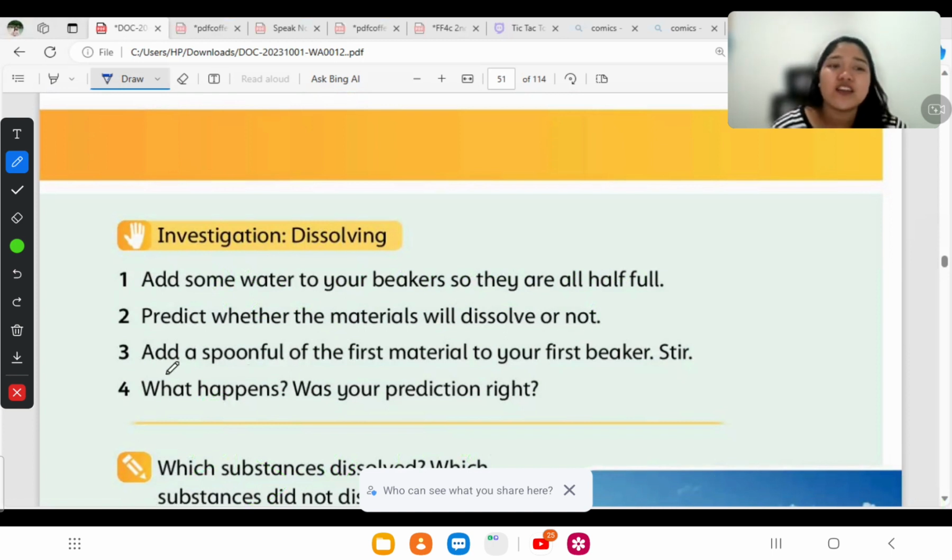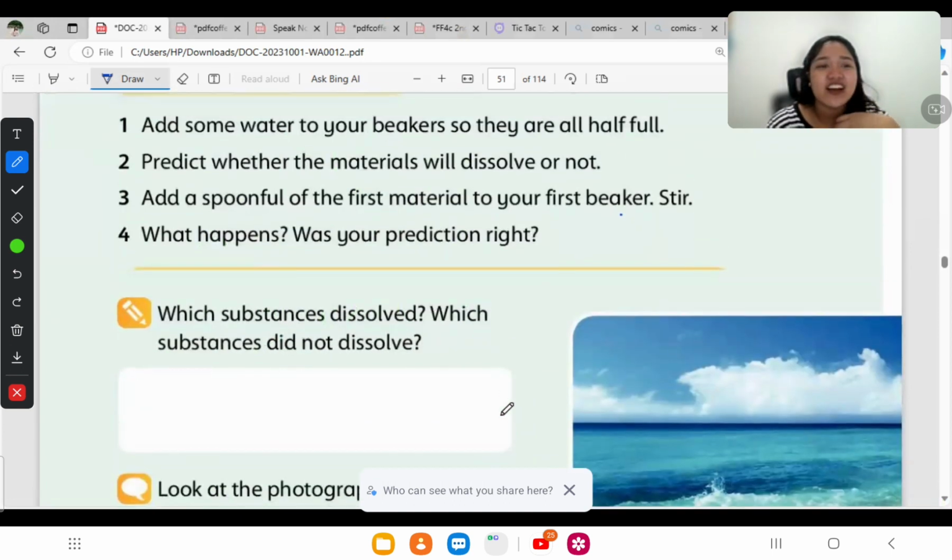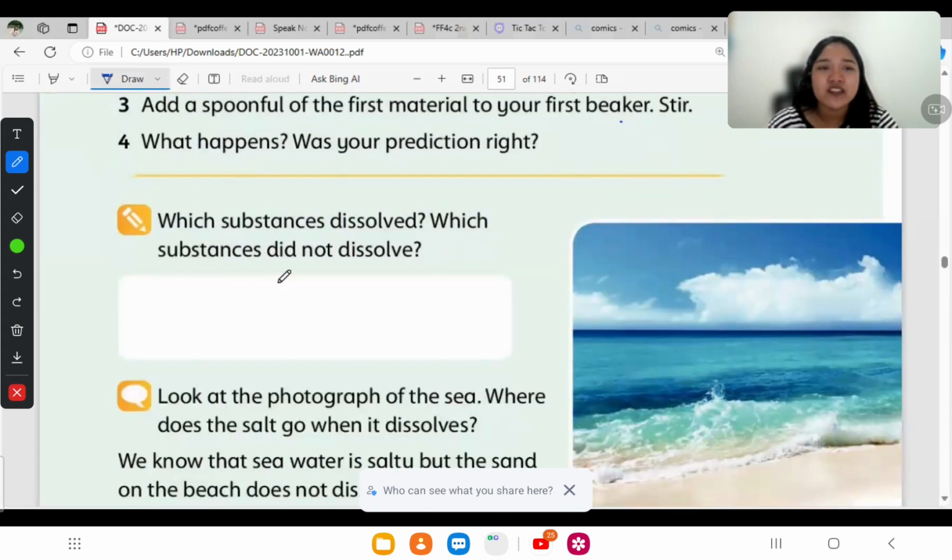Add a spoonful of the first material to your first beaker. What happened? What's your prediction? Right?